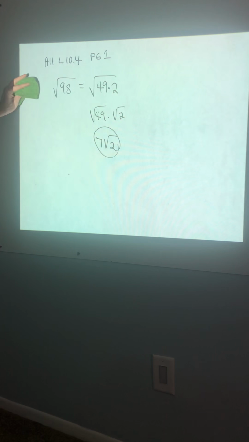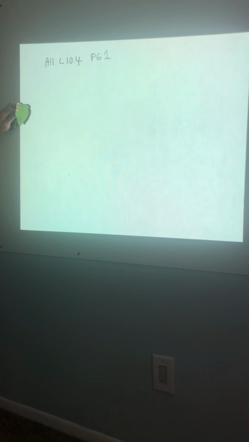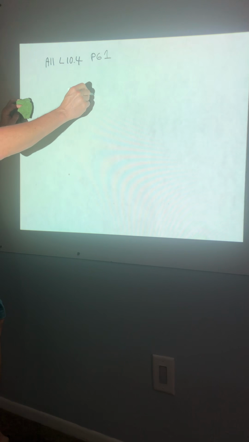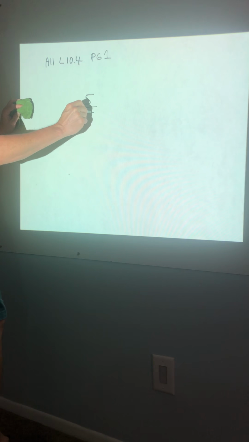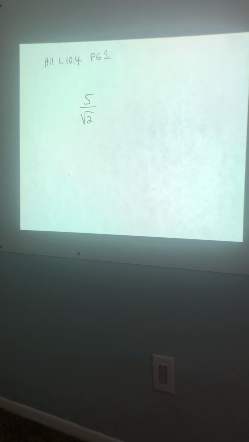Okay, a couple other things that I need to review with you. It's been a while since we've done this. What if you're dividing by a radical? This is not simplified because you cannot leave a square root or a radical in the denominator, okay? And there's a method of getting rid of that called rationalizing the denominator.